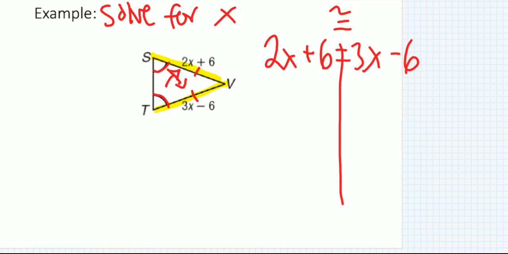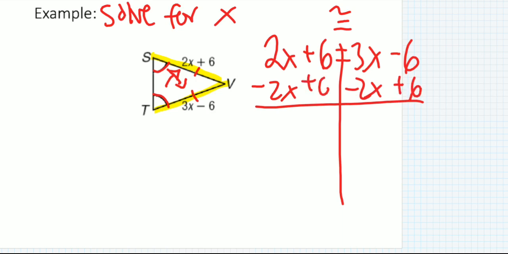Remember, it doesn't matter which way you isolate the variable, which side you isolate it. You're trying to avoid working with negative numbers, so that's why we would move the 2x, but it doesn't really matter, let's be honest. I'm going to do it in one step, just to show you that you can. So that's 1x is equal to 12. I know some of you are going to divide by 1, but whatever.